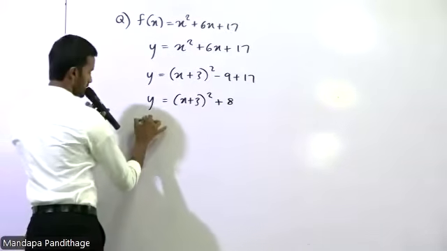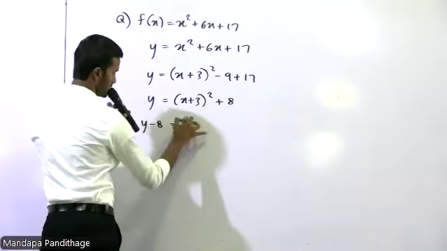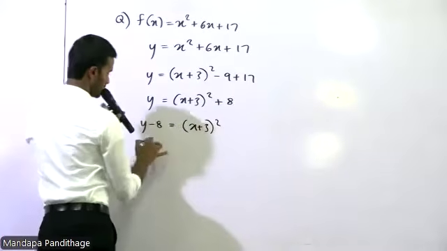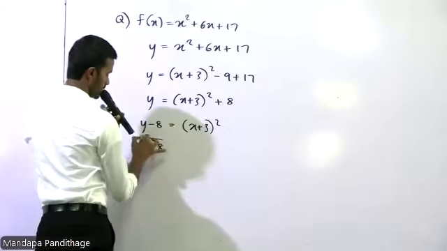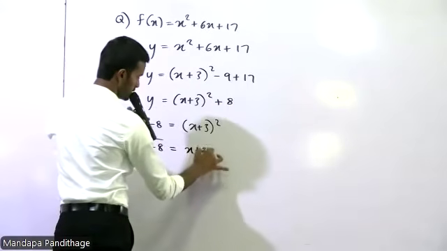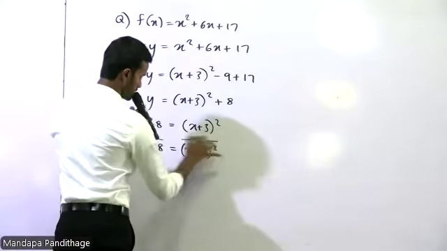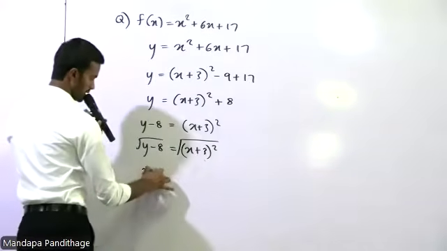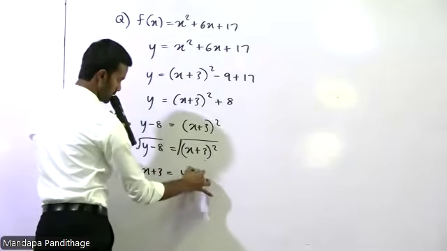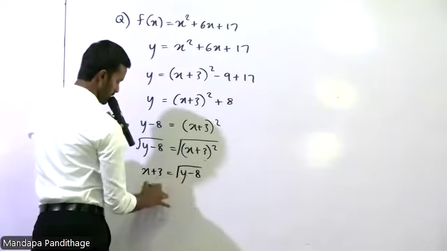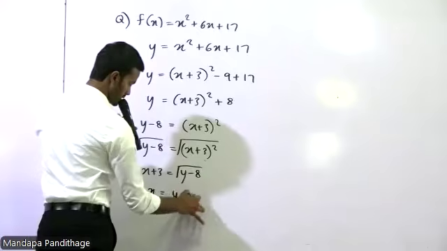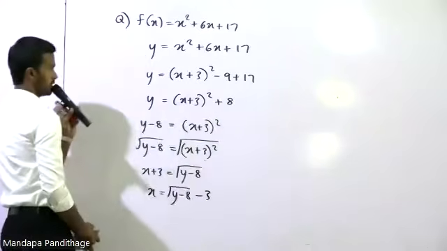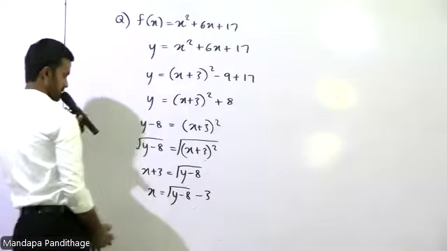So when you take this to this side, it's y minus 8 is equal to x plus 3 squared. Taking the square root, I get x plus 3 is equal to the square root of y minus 8. So x is equal to the square root of y minus 8, minus 3.